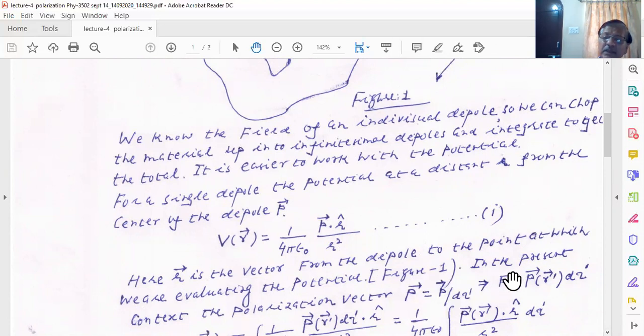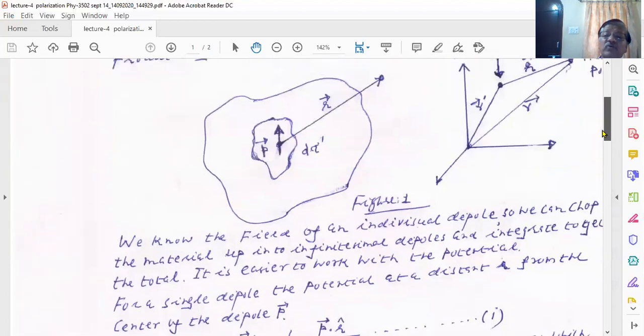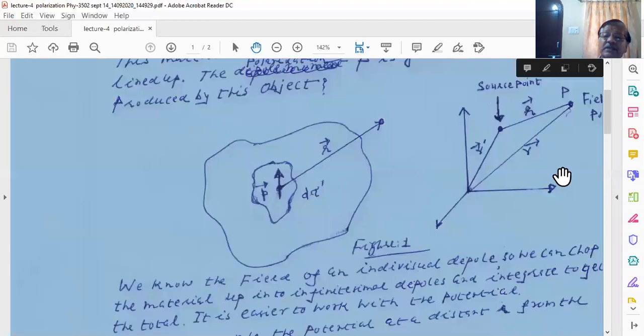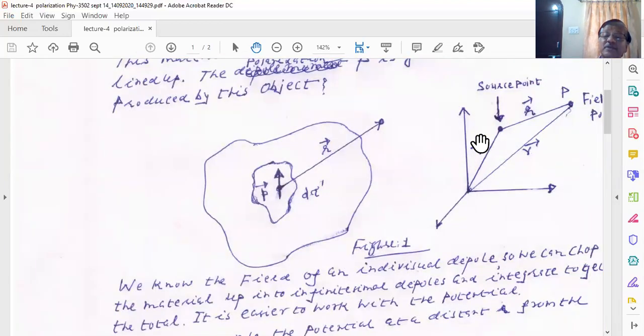So the dipole moment of each dipole is defined as the polarization vector times the volume element d tau prime. Polarization vector at r prime, because this is the notation you have to remember. Here r prime is the source coordinate, and the source point has its position vector r prime.